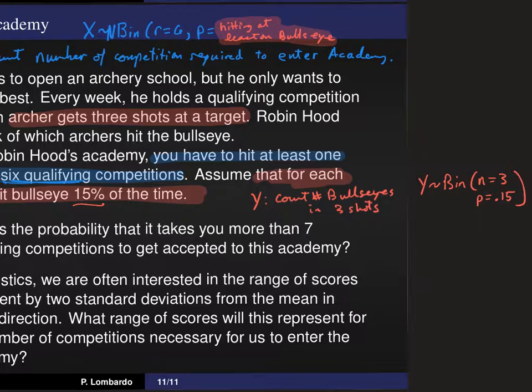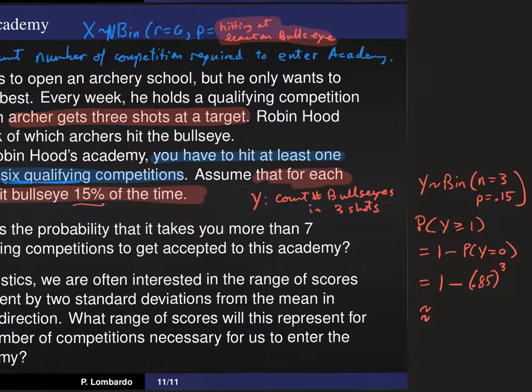So what we want to know is what's the probability of hitting at least 1 bullseye. So the probability that Y is greater than or equal to 1. And the easier way to do this is 1 minus the probability that Y is equal to 0. So this would be 1 minus 0 successes, so 1 minus 0.85 to the third.